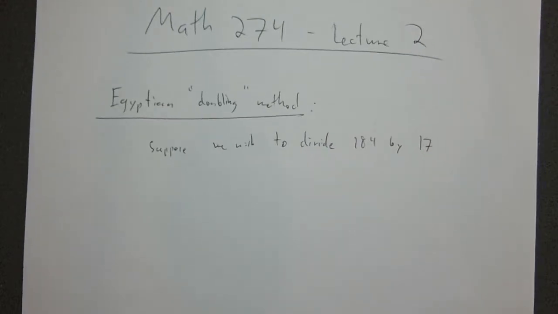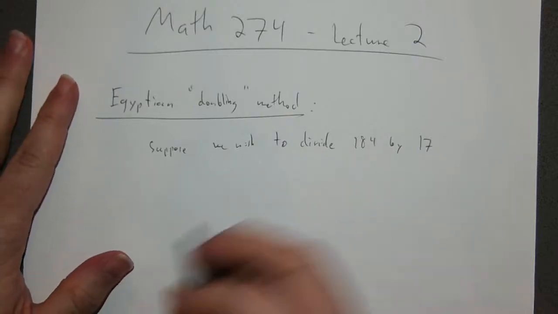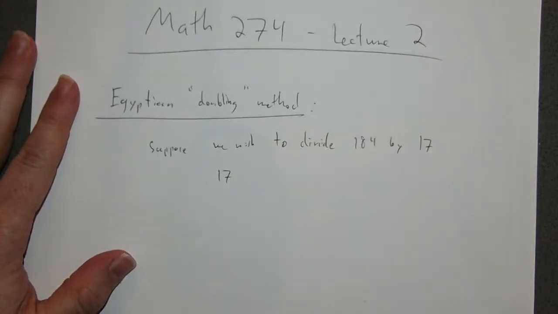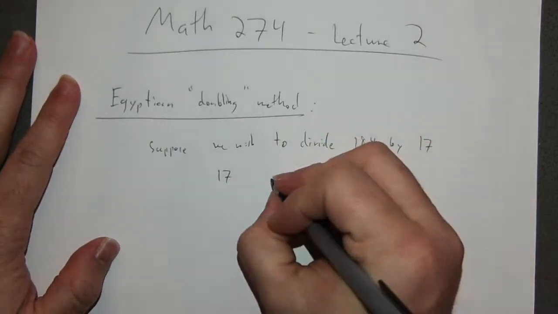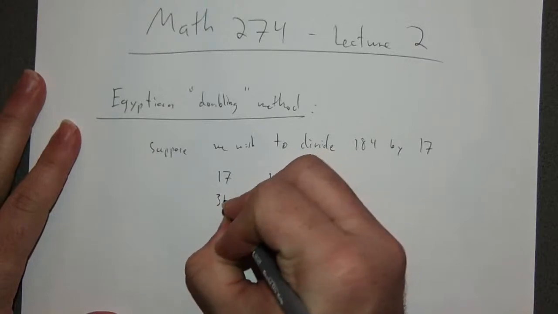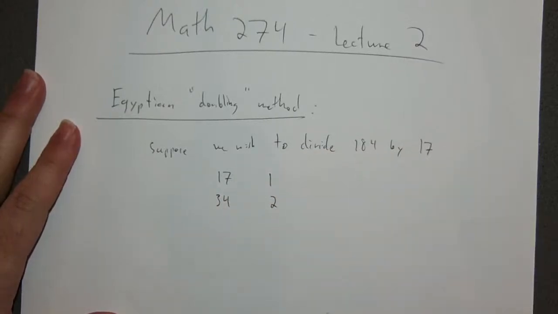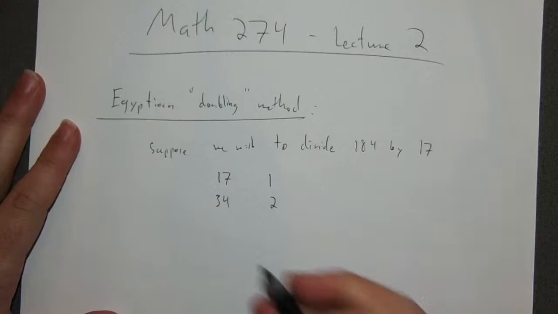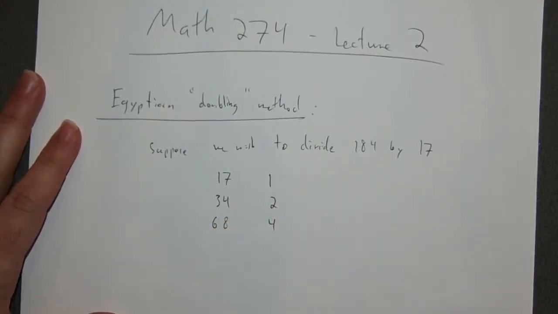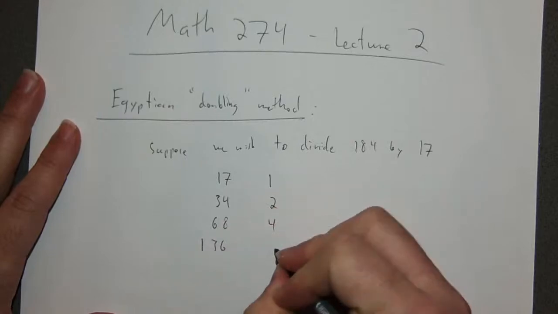The idea here, as before when you were doing multiplication, is we start with one of these things. So we're going to start with 17, the thing that we're dividing by, and we're going to track the multiples of 17. We double this: 17 doubled is 34. If we double that, that's 68. If we double that, that's 136.